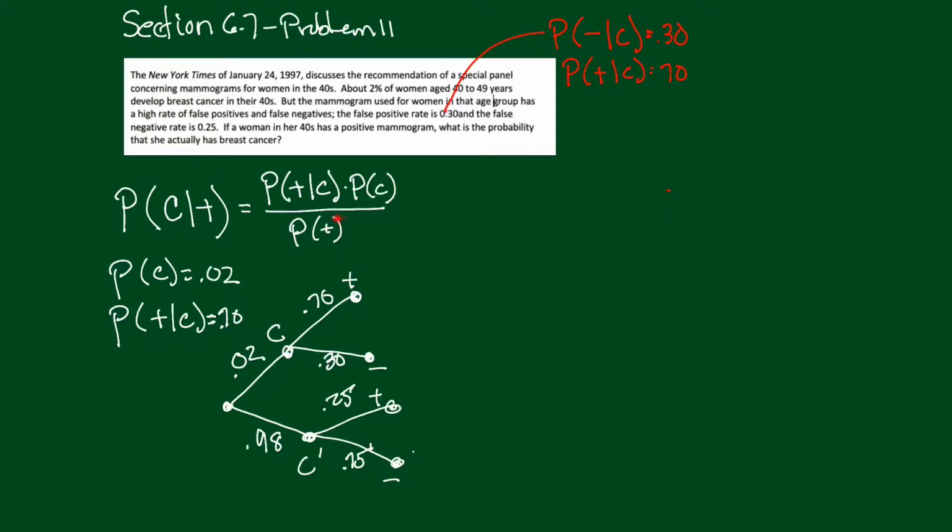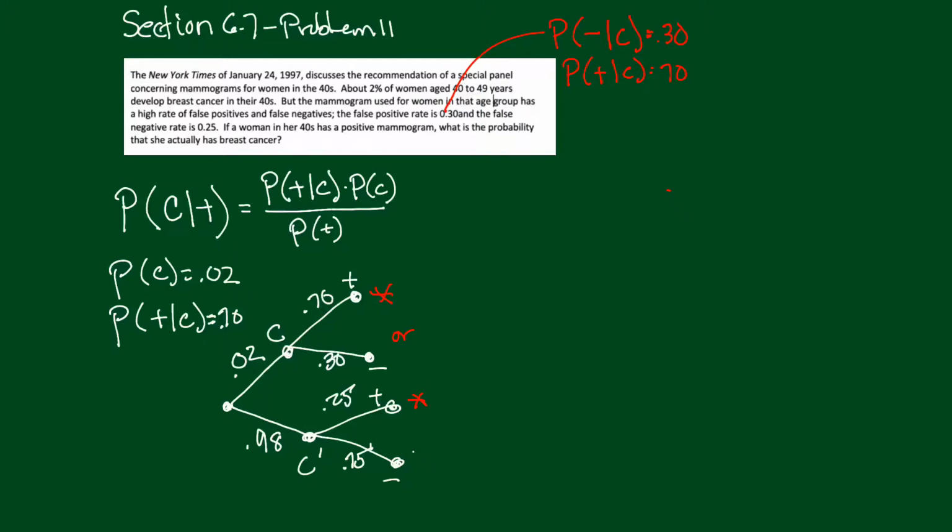So what we're looking for here is the probability of a positive. We'll look down here at the tree. How can you get a positive? You can get it here, or you can get it here. So to get it here, you have to follow these branches here, right? This one and this one.